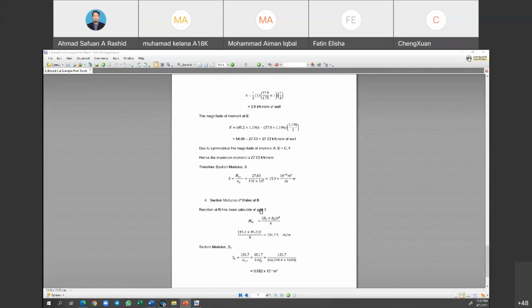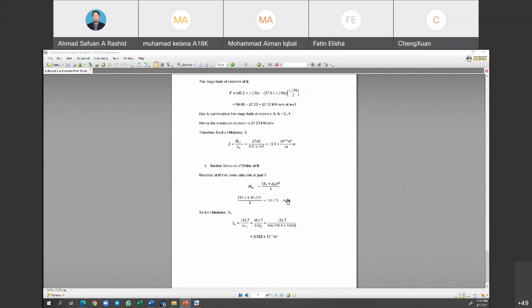Then for the section modulus of the wale, I guess it is similar to what we discussed in the sand.